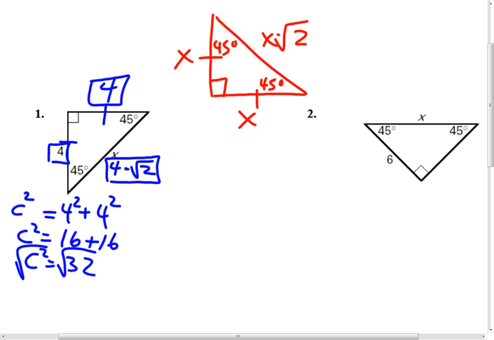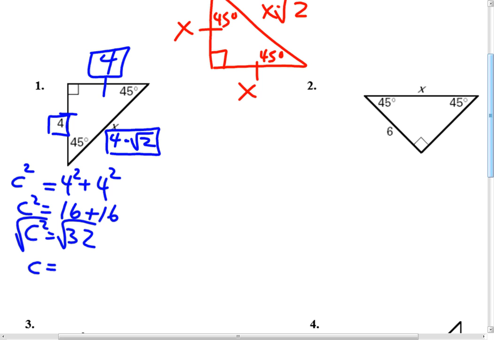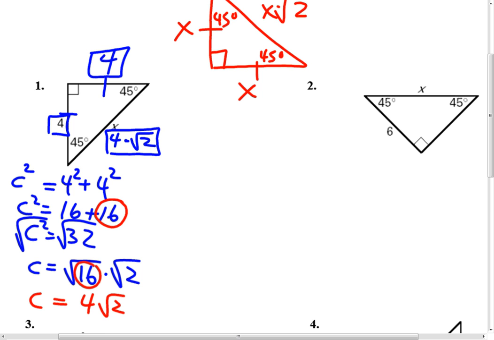I could use the square root of 32, and the pattern develops because you will always end up using this number in this spot, which will go back to this number. So that number will always appear in the answer, and you'll always get a radical 2 attached. So you can go through the process for a 45-45 through the Pythagorean theorem, or you can just follow this pattern, 4, 4, 4 radical 2.